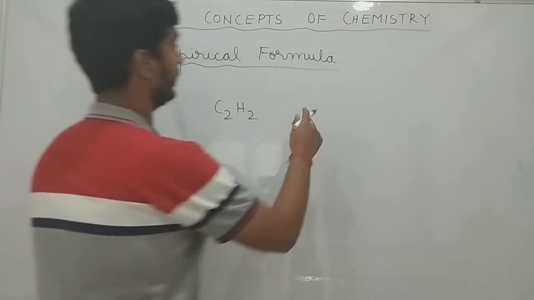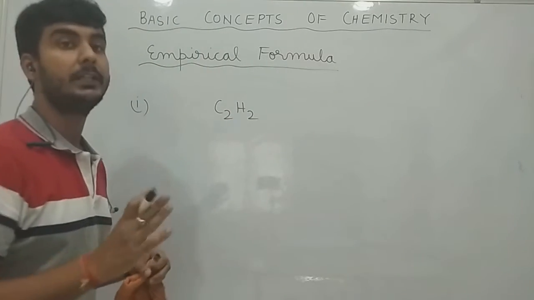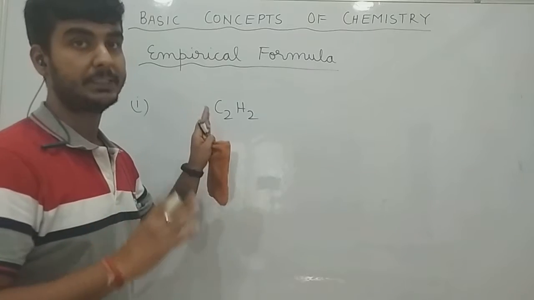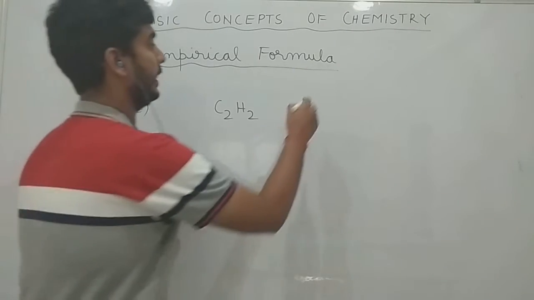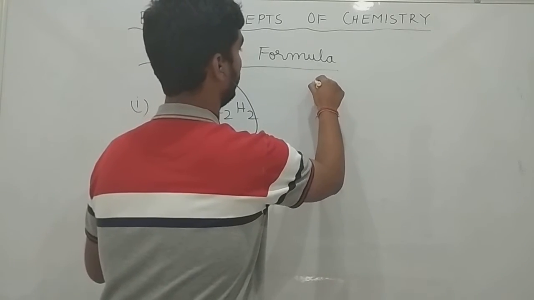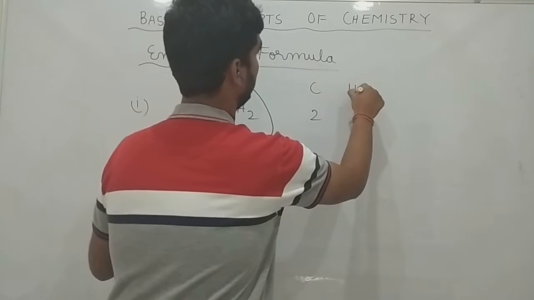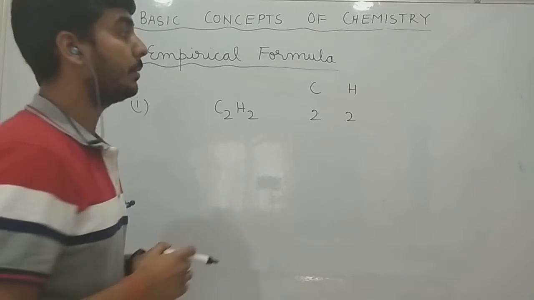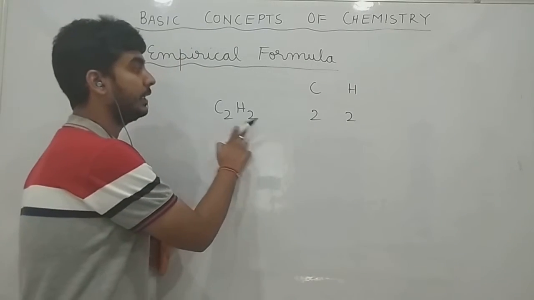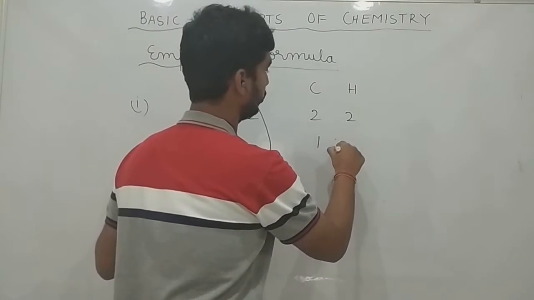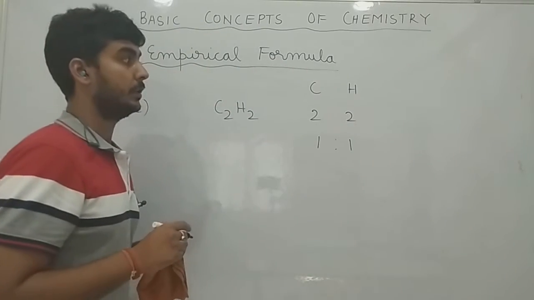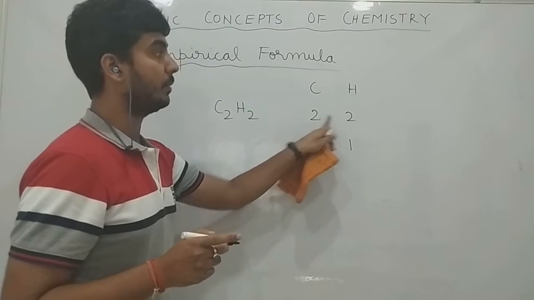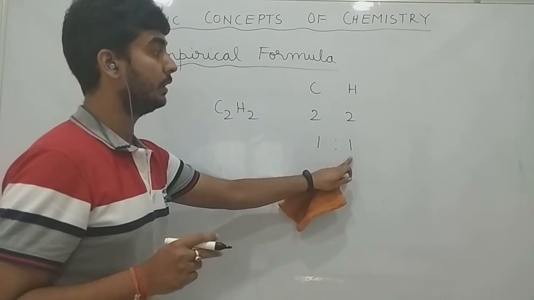Now, the ratio between the atoms of the elements present in C2H2 is, it contains two atoms of carbon and two atoms of hydrogen. So the simplest whole number ratio between carbon and hydrogen will be 1:1. So the simplest whole number ratio between the atoms of carbon and hydrogen will be 1:1.